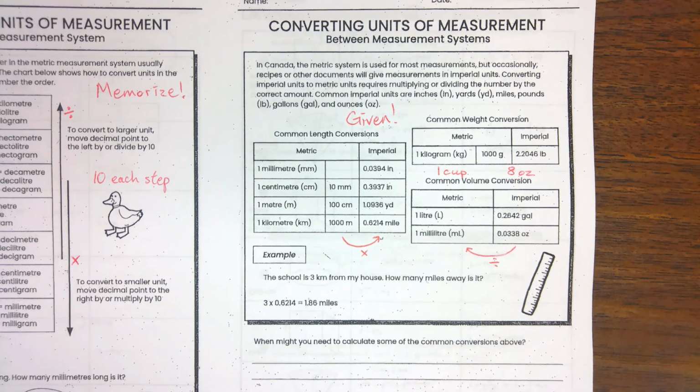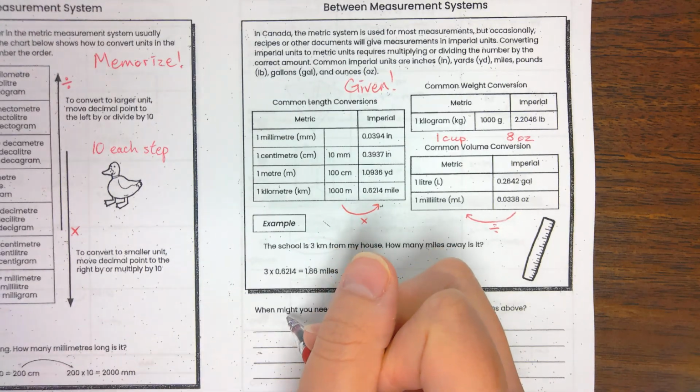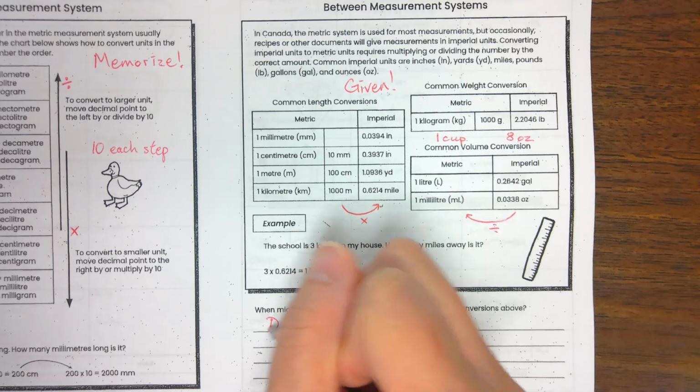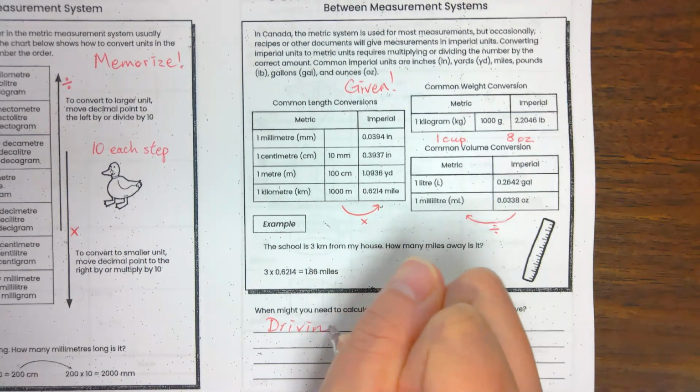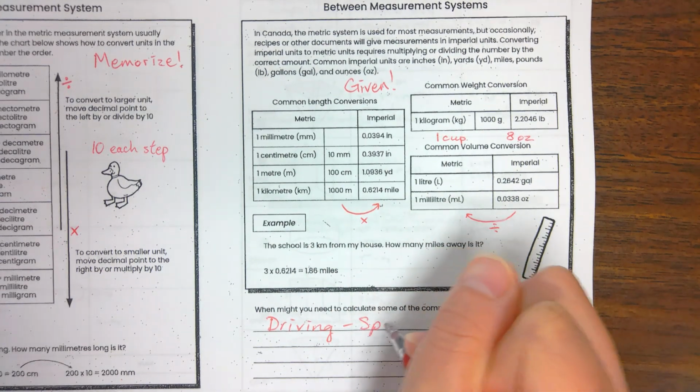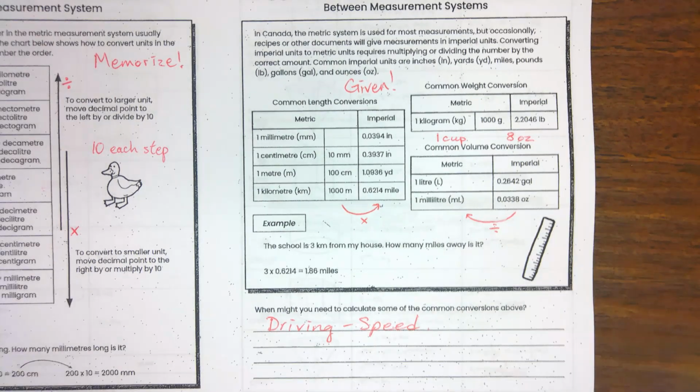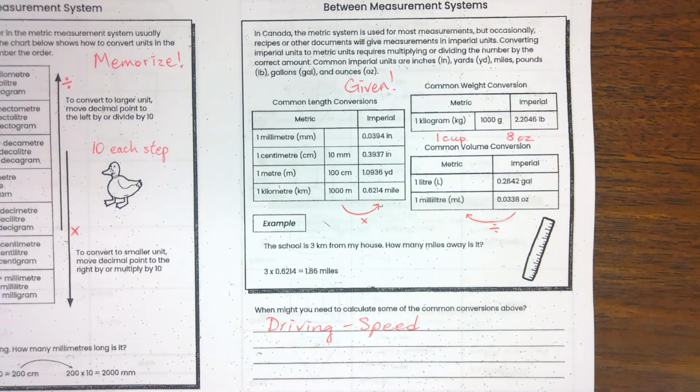Okay, so where might we see this? We said driving, the speed. That's one important one where we have to make the conversion. What's another thing in real life where you'll see metric units and imperial units?